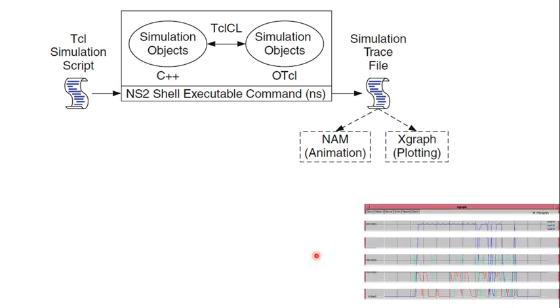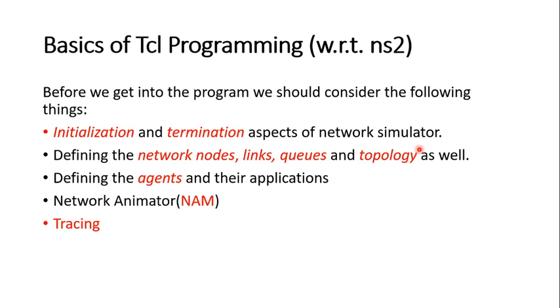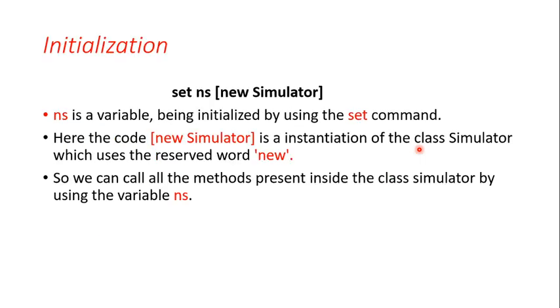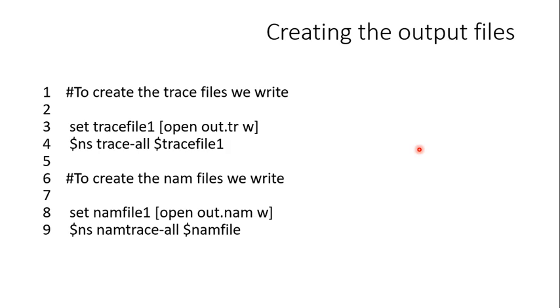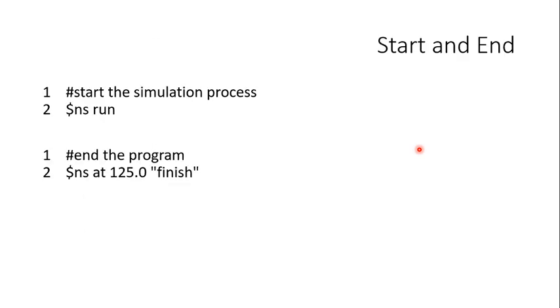And if you want to create a graph, how to create it using XGraph. Then we saw the 5 steps. One is how to initialize the network simulator, how to create the output files, which are the trace file and the NAM file. Then how to terminate the network simulator by creating the finish procedure, then the start and end of the simulation.